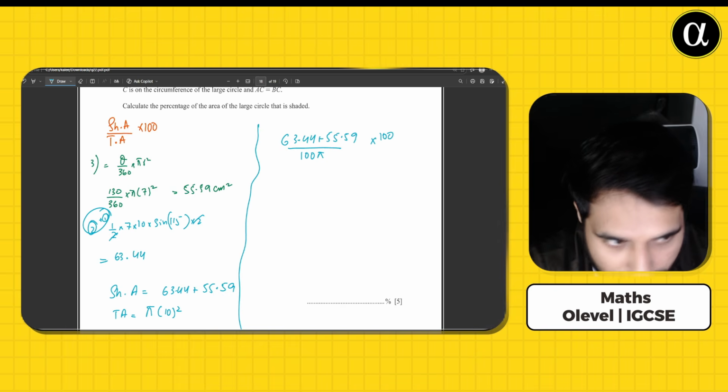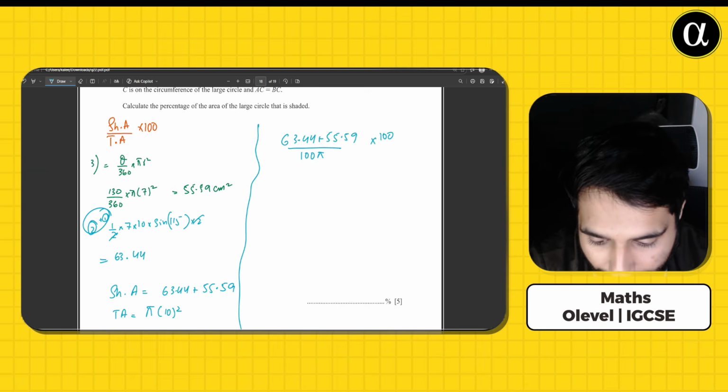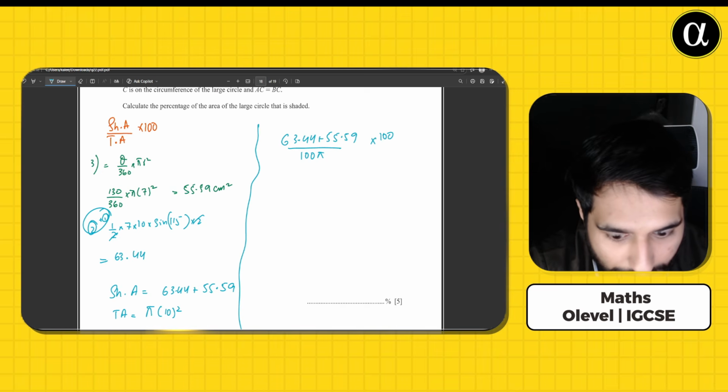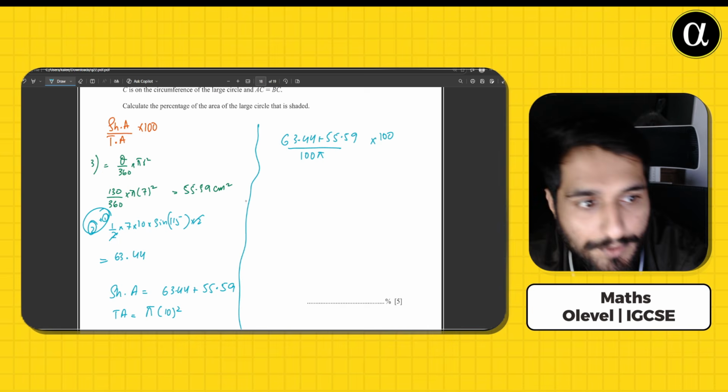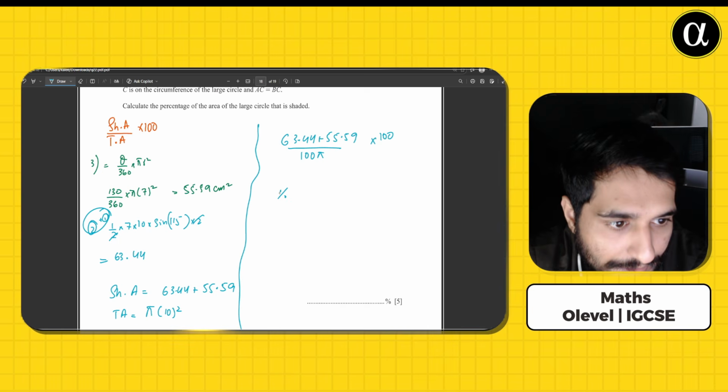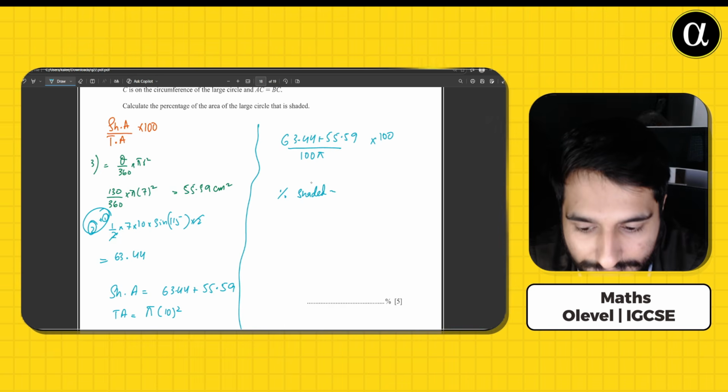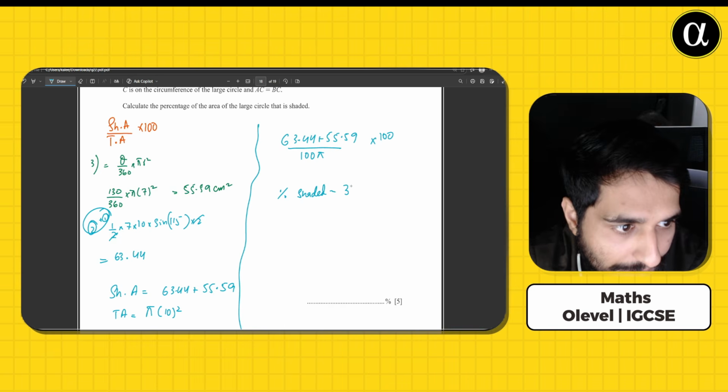That would be 63.44 plus 55.59, answer divided by 100 pi, and whatever we get we multiply with 100, and what we get is going to be the percentage shaded, which would basically be 37.88 percent.